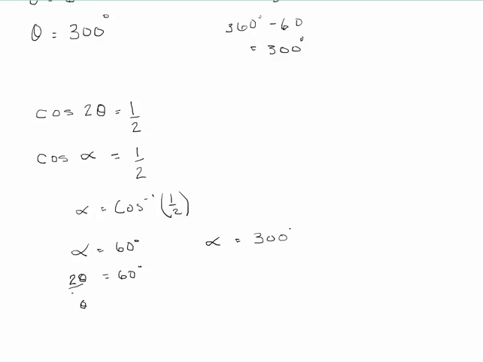So we divide both sides by 2, and we have the answer of 30 degrees. Same thing here: we don't actually want alpha. We want 2 theta equals 300. We divide both sides by 2, and our theta equals 150 degrees.